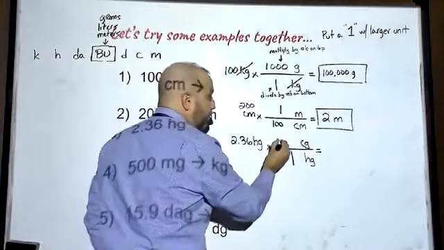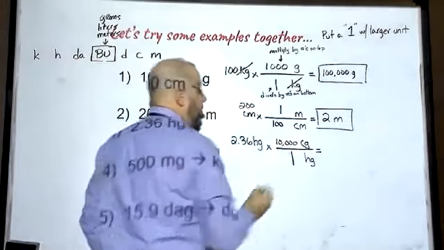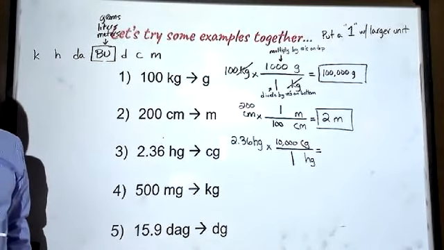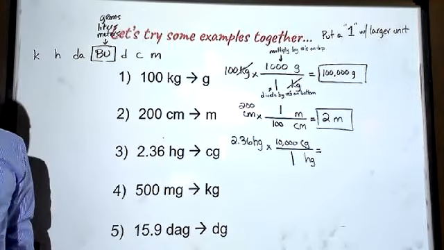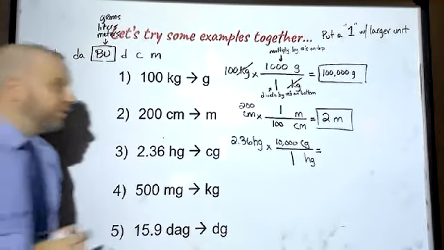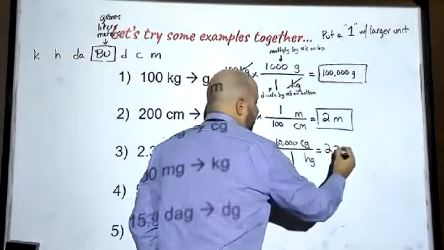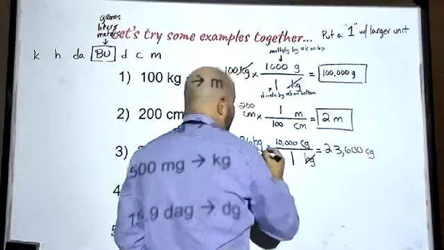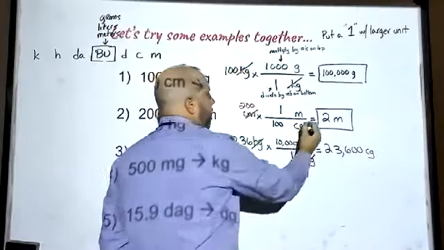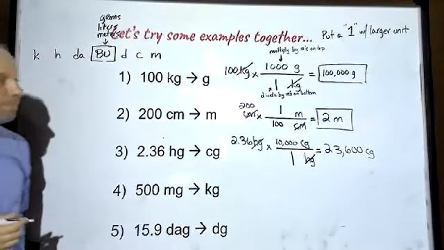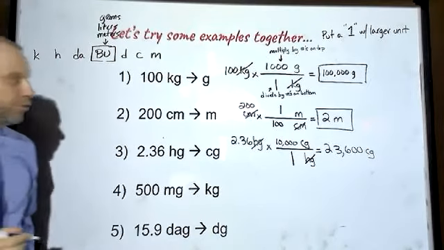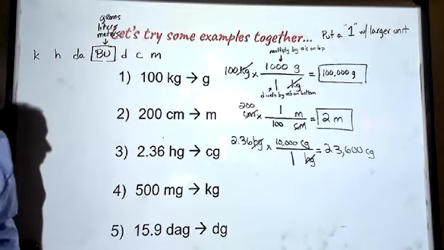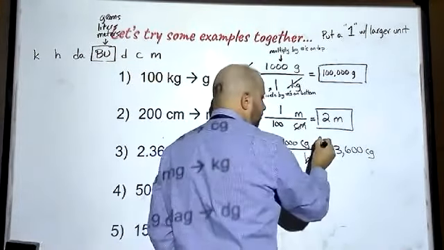So 1 with 4 zeros. 2.36 hectograms times 10,000 turns out to be 23,600 centigrams. And the unit of hectograms crosses out, just like up here, centimeters crosses out. So our final answer, 2.36 times 10,000, that's 23,600 centigrams.